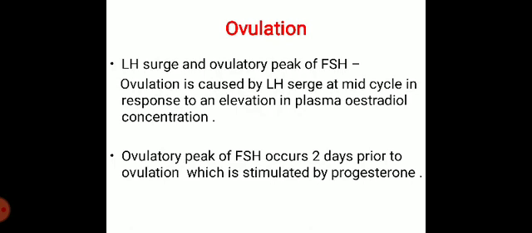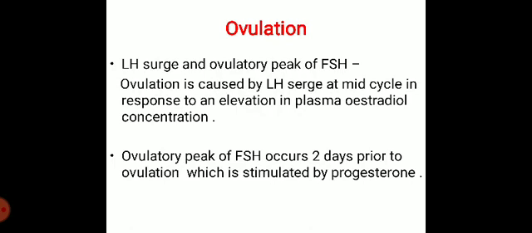Onset of LH surge: it starts 34 to 36 hours before ovulation, and the peak of the luteinizing hormone surge occurs 12 to 24 hours before ovulation.